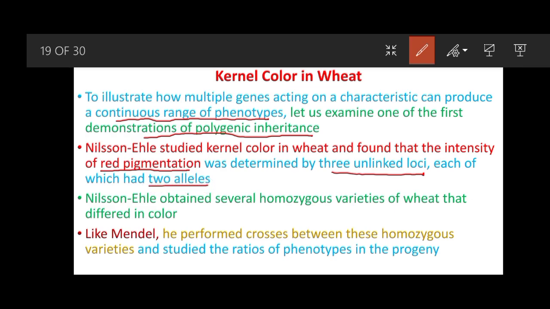He obtained several homozygous varieties of wheat that differed in color. When scientists start working on different traits of plants, they first obtain homozygous varieties, pure breeds. Like Mendel, he performed crosses between the homozygous varieties and studied the ratios of phenotypes in the progeny.